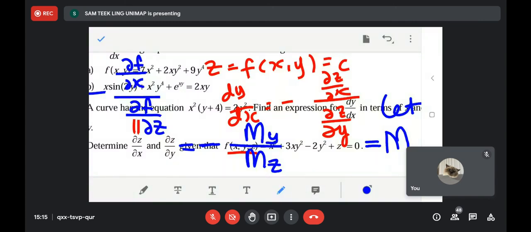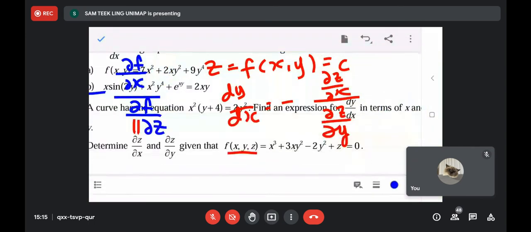Madam, if yes, no need to equal m, also can, right? It's okay. If you don't write out m, you use f, like this one. You use f, because the question gives you f already. Maybe now you cannot see, so I clear first.